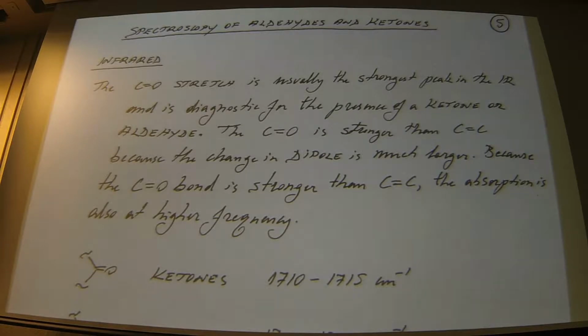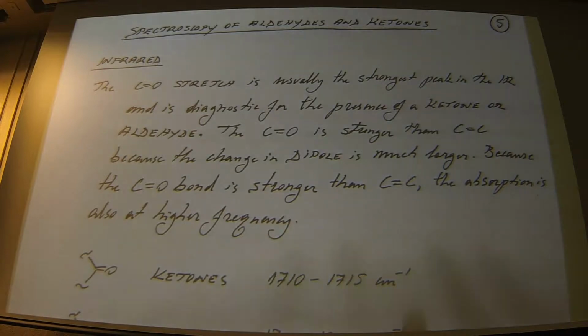And we said that the carbonyl absorption is typically the strongest peak in the IR and the one that you just can't miss. It also is the one that you look for, right? So if you suspect that you have a ketone or an aldehyde or an ester or carboxylic acid, the first thing you look for in the infrared spectrum is the carbonyl.